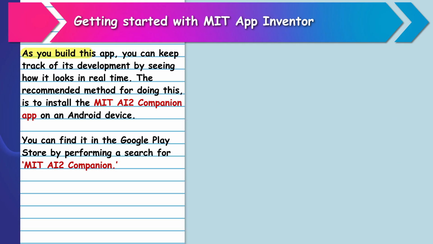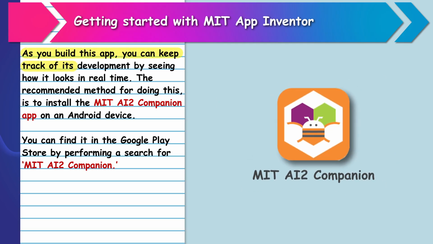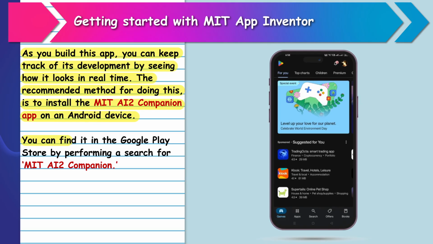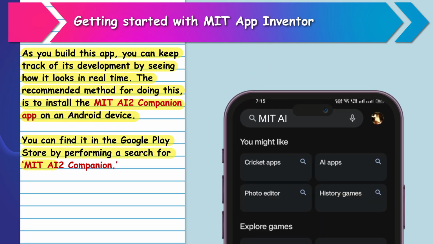Connecting your device. As you build this app, you can keep track of its development by seeing how it looks in real time. The recommended method for doing this is to install the MIT AI2 companion app on an Android device. You can find it in the Google Play Store by performing a search for MIT AI2 companion.